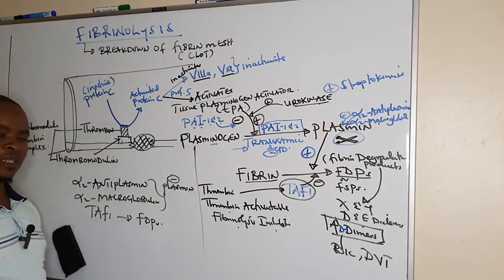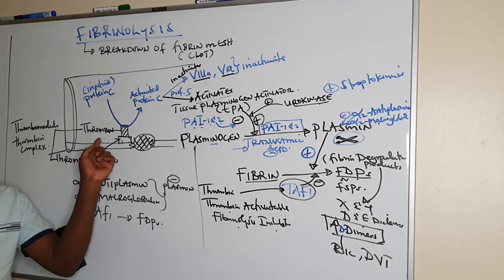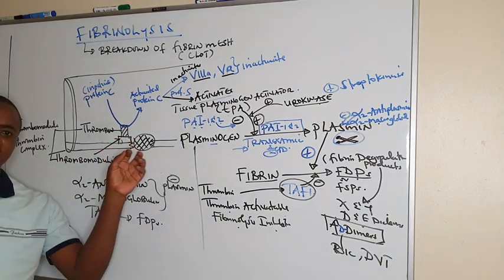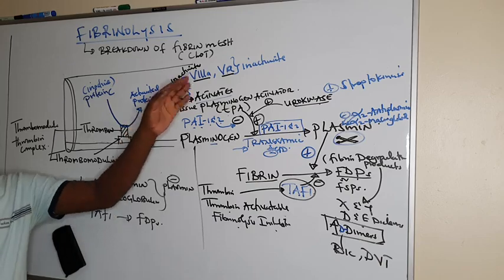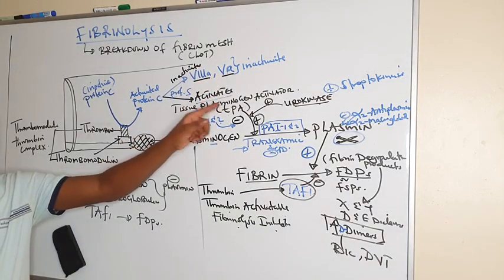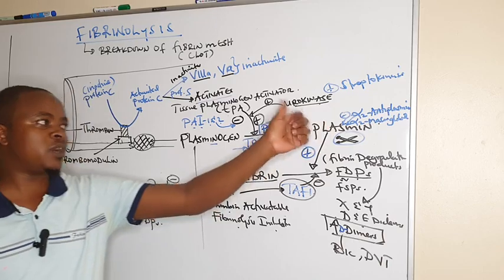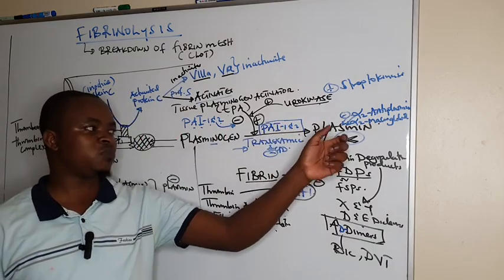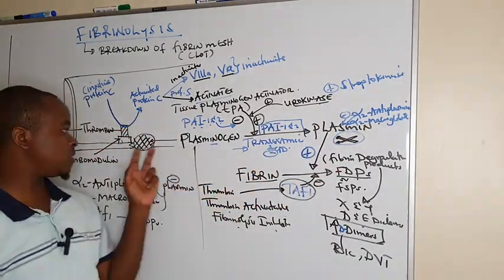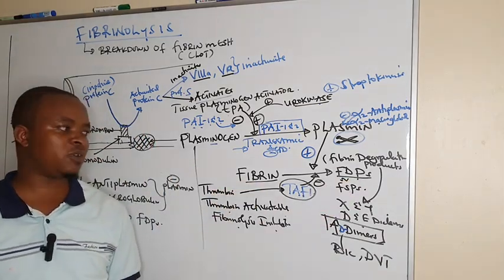So this is what we can discuss in this session under fibrinolysis. Please don't forget that the thrombomodulin-thrombin complex comes into play after a clot has formed, which activates protein C, and protein C inactivates these factors and activates tissue plasminogen activator as well as urokinase. Urokinase and tissue plasminogen activator are able to convert plasminogen to plasmin, which is a scissor, and it goes and starts cutting the fibrin mesh, forming fibrin degradation products.